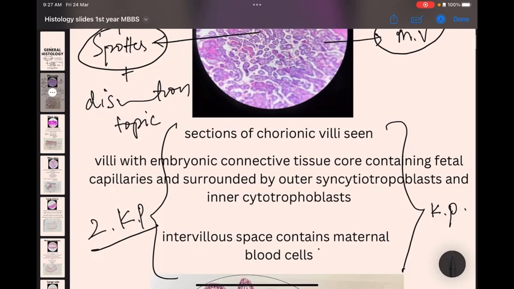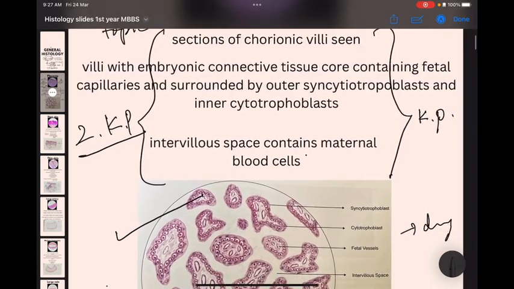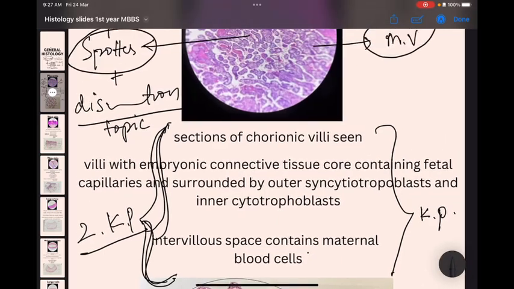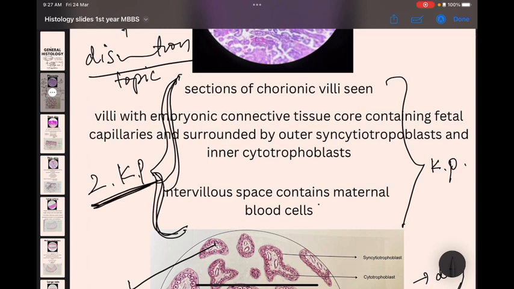For a discussion topic, you have to draw this diagram, and then again you have to explain these things to your external examiner. This is again the key points.